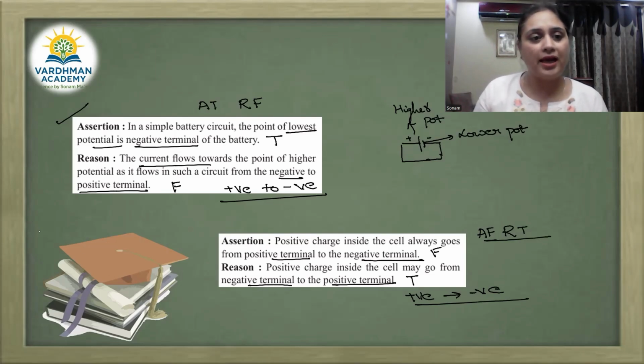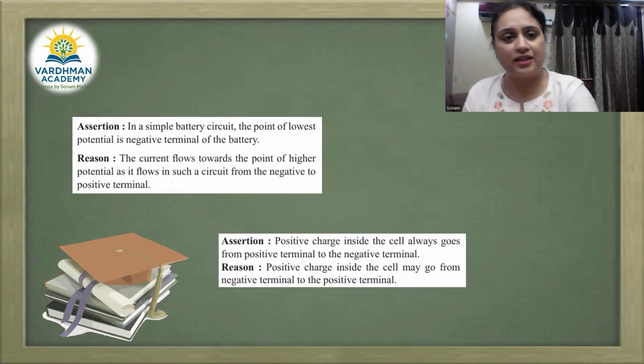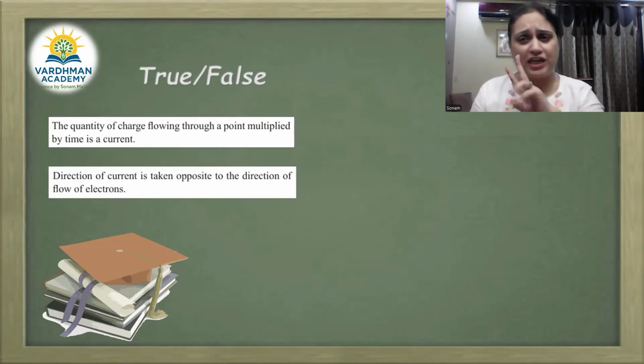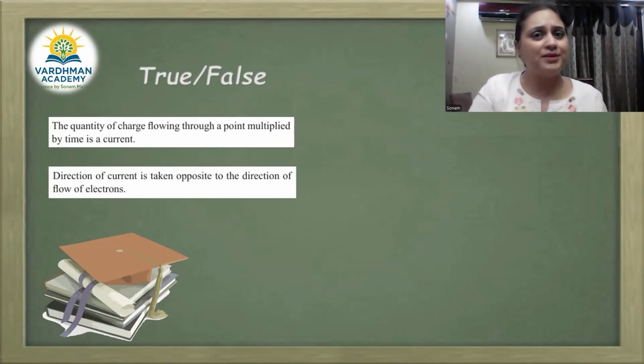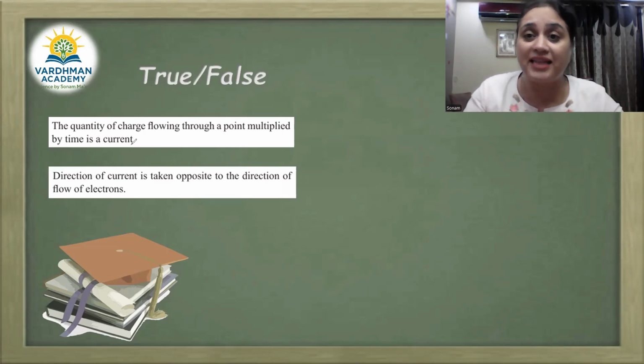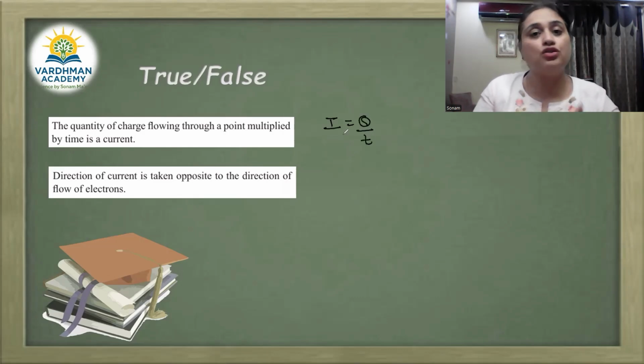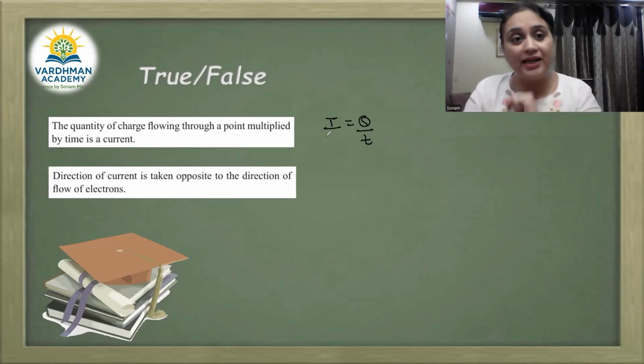Now moving ahead to the next one, we have given you two statements. That is the last, we are going to end the session today. The quantity of charge flowing through a point multiplied by time is current. Is it that? So what is current? Go back to the formula. It is the quantity of charge moving through a conductor per unit time. So that is not multiplied, that is divided by time.